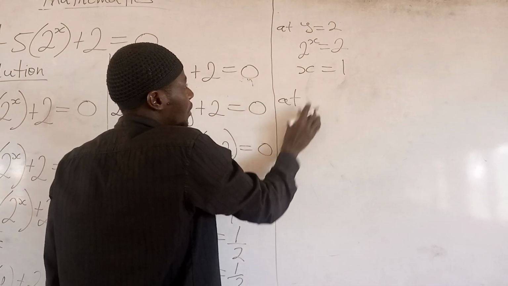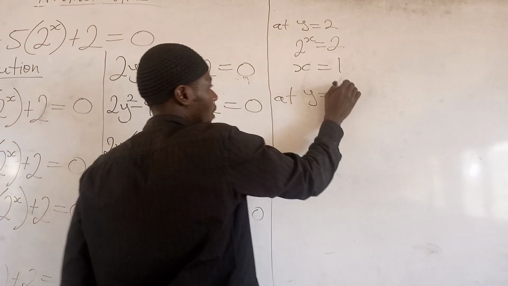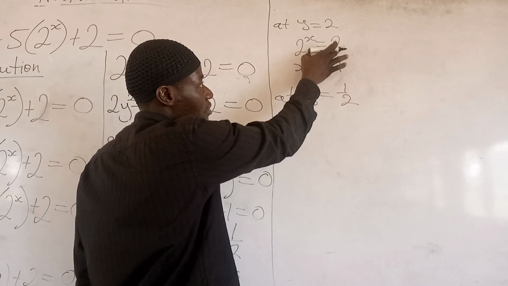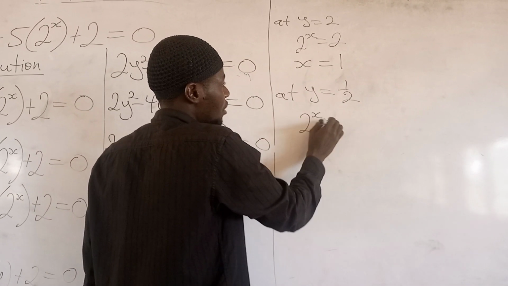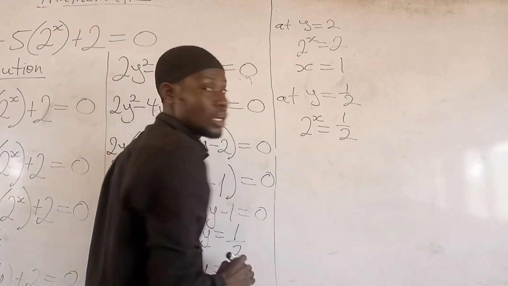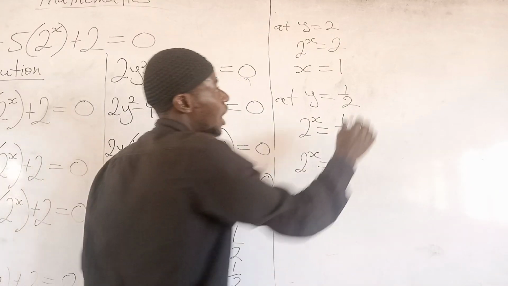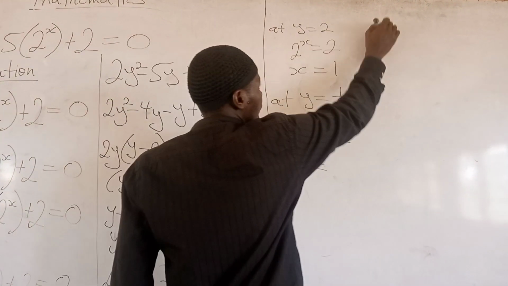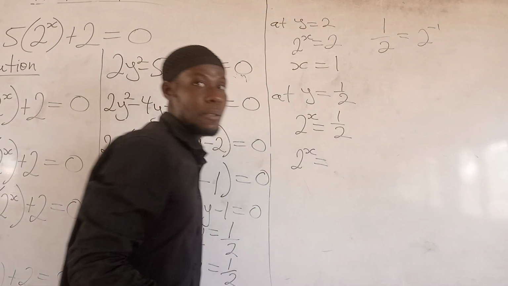Then the other one, if y is equal to the other solution, 1 divided by 2, then bringing 2 to the power x in place of y, we have 2 to the power x being equal to 1 divided by 2. Under indices, this can also be written as 2 to the power negative 1.